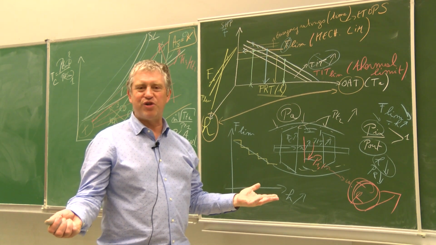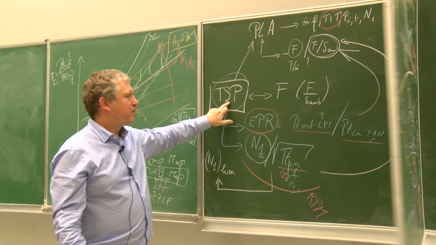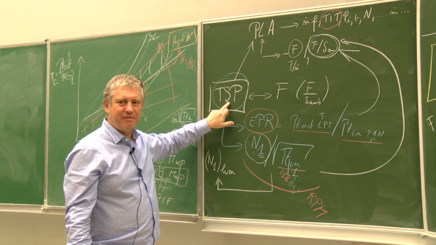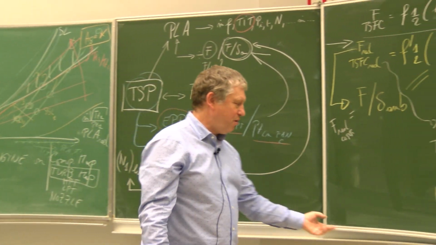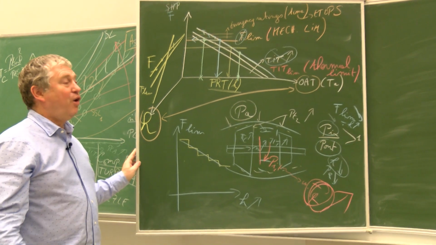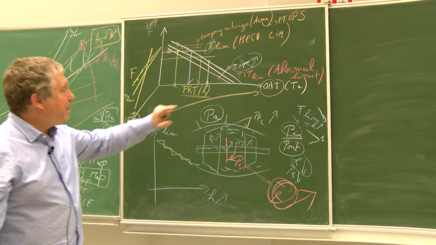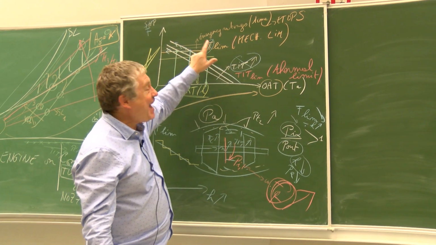What will be the solution? The thrust setting parameter. I will show you that in fact the thrust setting parameter, for example the EPR, will in fact replace this and this.